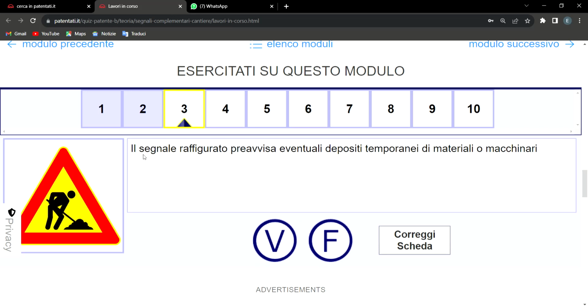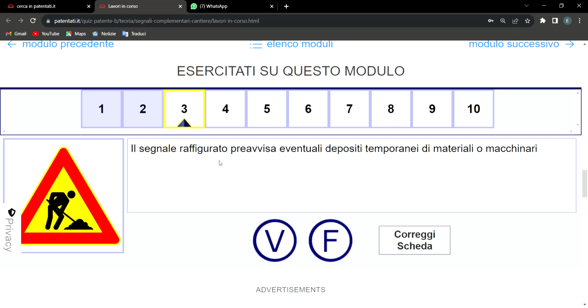Number three, it says il segnale raffigurato prevede eventuali depositi temporanei di materiale o macchinari. So this one, vero or falso? It's vero. Why is it vero?